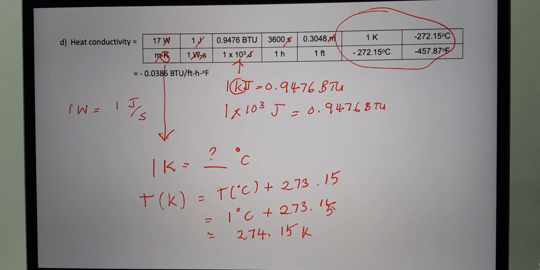But then what about Kelvin? For 1 Kelvin, what is the value for temperature of degree Celsius? You just need to bring this 273.15 over to your left hand side.